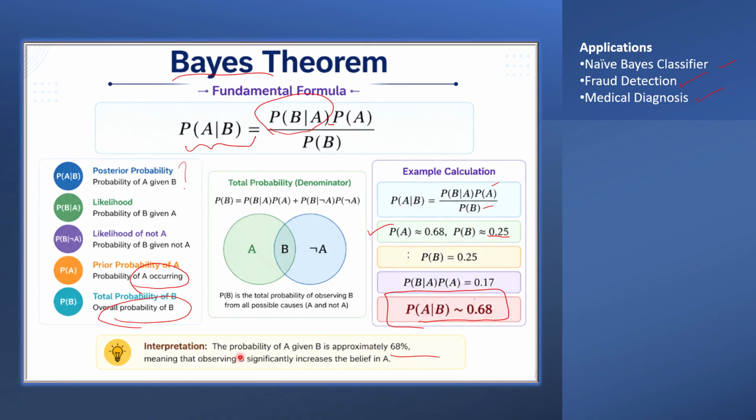What does it mean? The probability of A given B is approximately 68%. Converting into percentage, it is 68%, meaning observing B significantly increases the belief in A. So if A occurred, then 68% of chances out of 100 are there that B will also occur. You can make an analogy to whatever application you are taking.